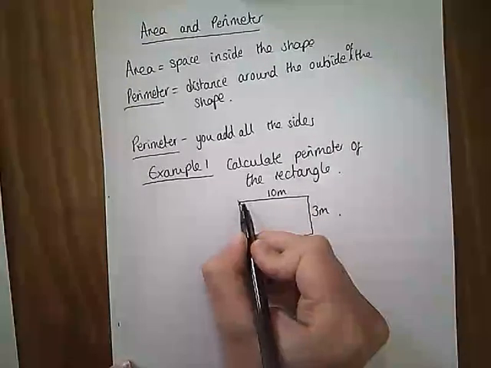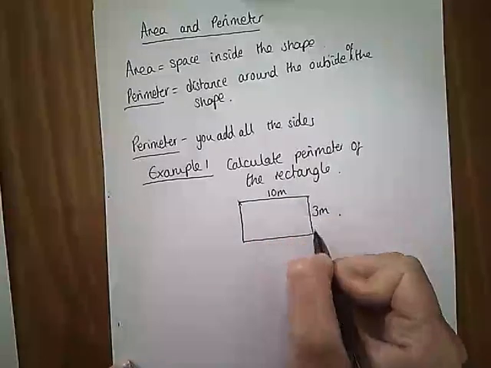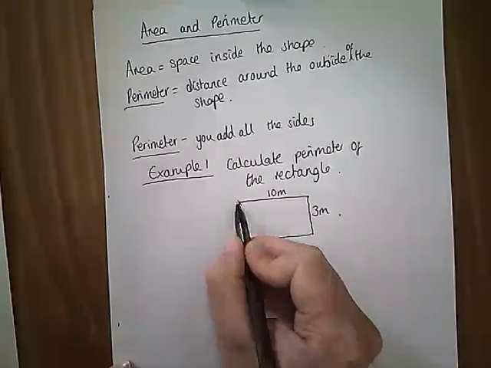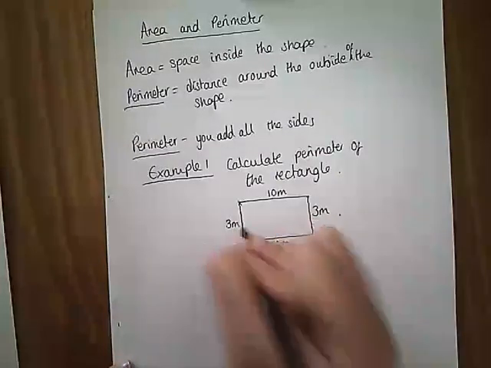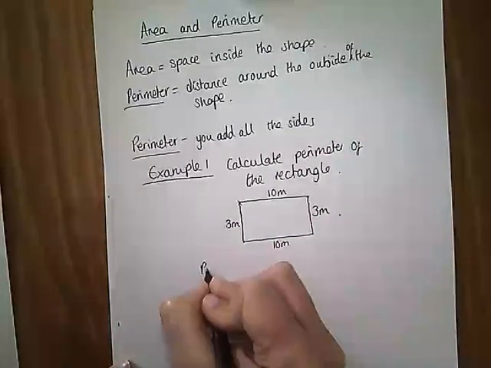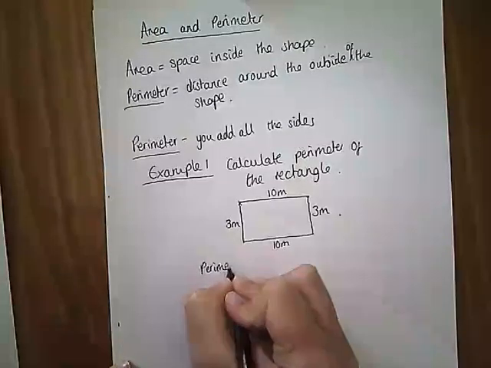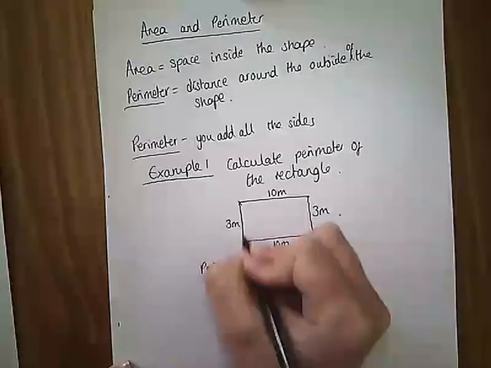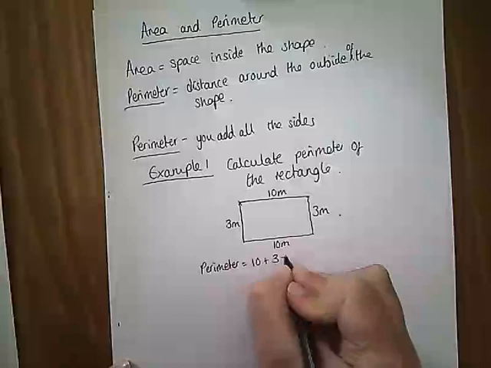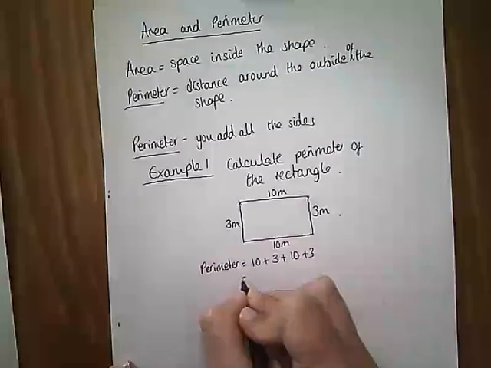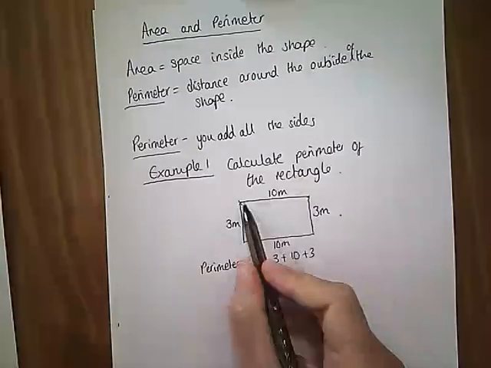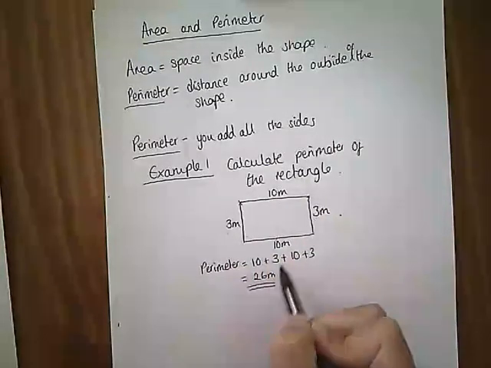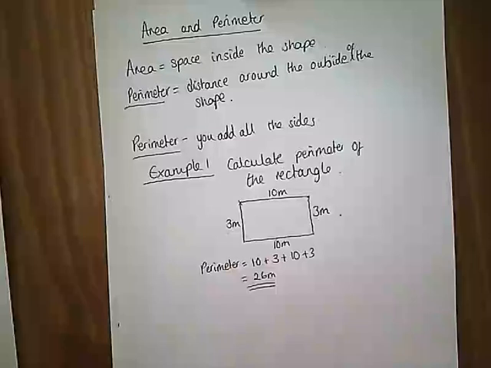I'm starting here, going along here, along here, along here, and along here. Given that this is a rectangle, that has to be 10 meters, that has to be 3 meters, and so the perimeter is the distance around the outside. So 10 plus 3 plus 10 plus 3. Obviously you can think about it as 2 lots of 10 plus 2 lots of 3. That'll give you the same thing, and that's how we do it.